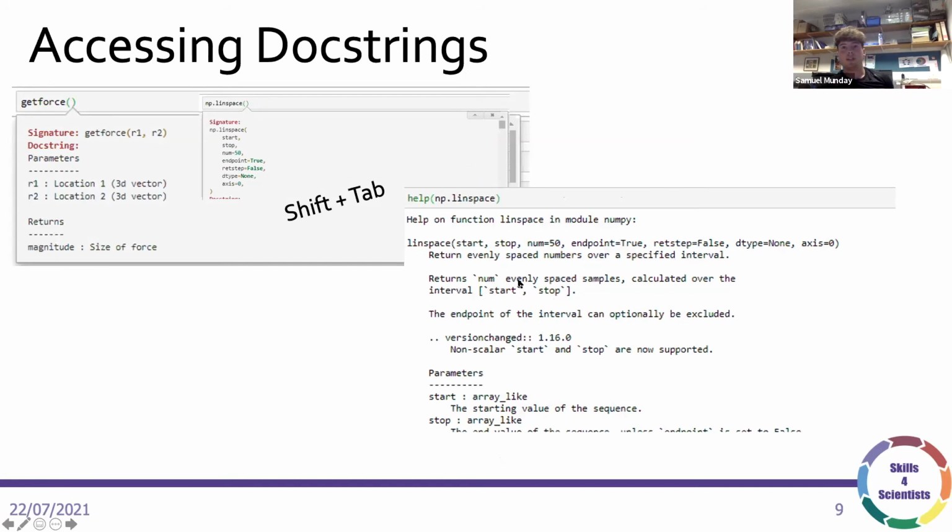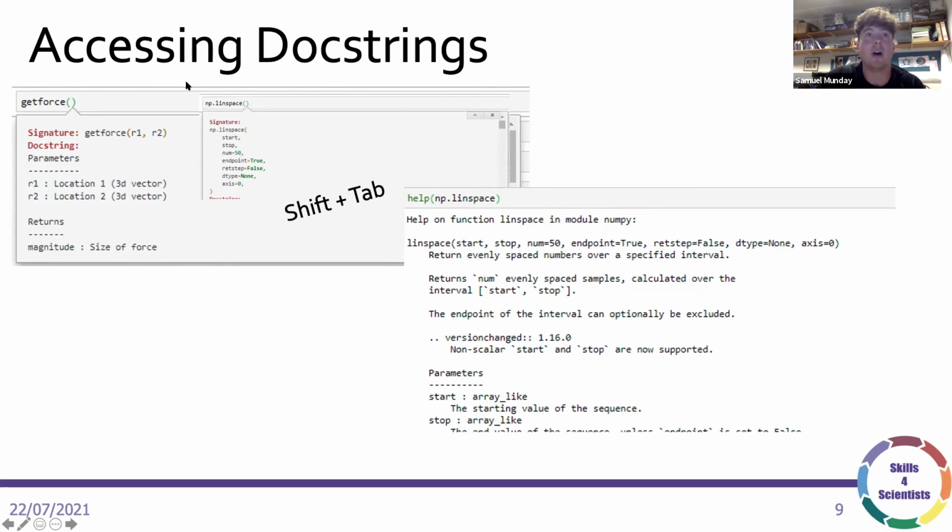One of the great things about using Jupyter and IPython is you can access doc strings. If we use a function that is built in or that we've imported, we can press Shift Tab, and all of a sudden it will bring up the doc string of that function.